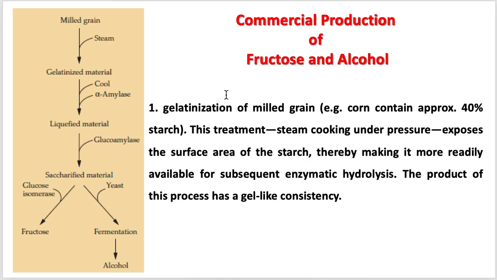But although we are saying that we are using fermentation, in many cases this is not a single step process. Before starting the fermentation, the raw materials need some pre-processing. For milled grain, before going to the fermentation some pre-processing is required.